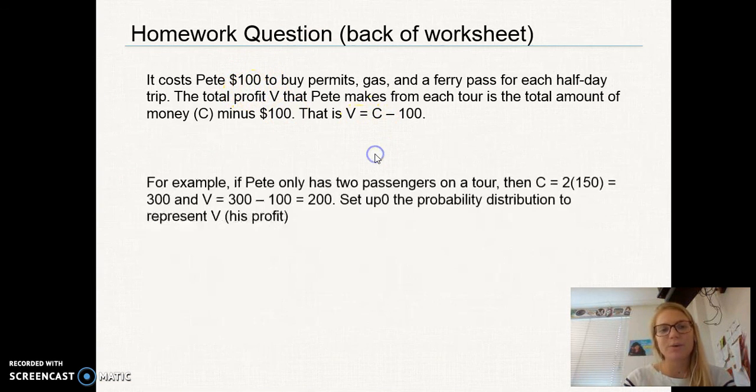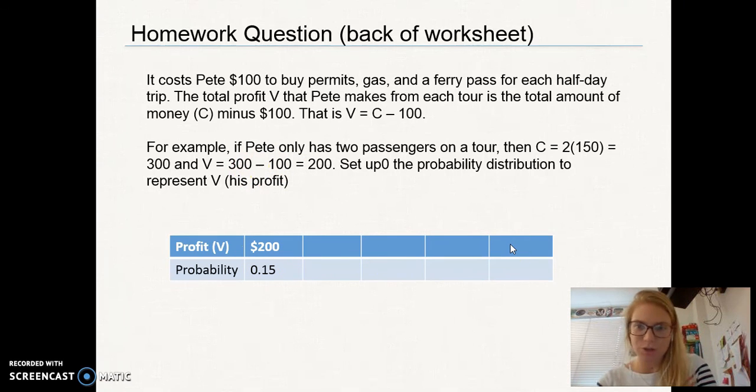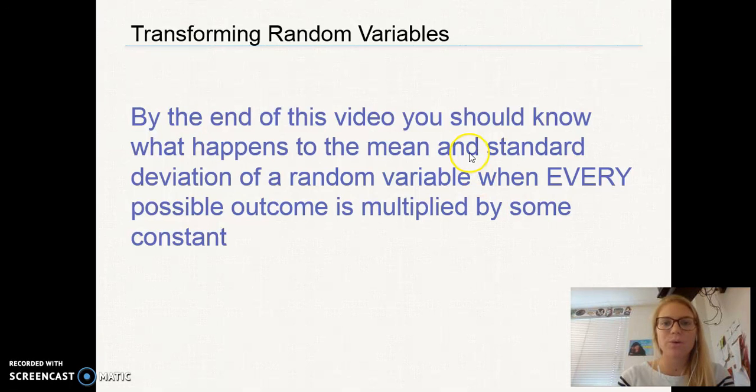So his profit would really only be $200. I got that by taking the 300 and subtracting $100. So I want you to fill in the rest of the distribution. I want you to answer the 2 questions below it, parts B and C, I believe, and that's it for tonight. We'll go over it tomorrow in class. Hopefully you are able to tell me what happens to the mean and standard deviation when you're multiplying the entire random variable by one constant.